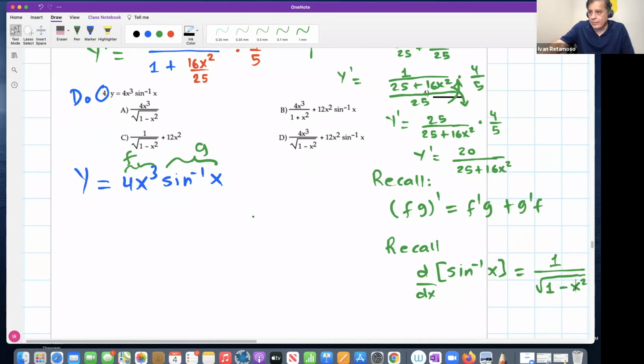And try to remember this for your homework or problems. They will ask you to combine the product rule with this new set of formulas that we got, right?